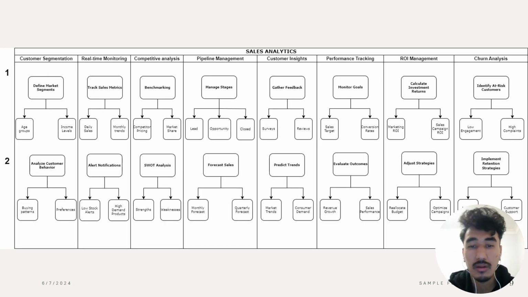Another master diagram I created is for CRM enhancement in sales analytics, starting with customer segmentation and ending in churn analysis.